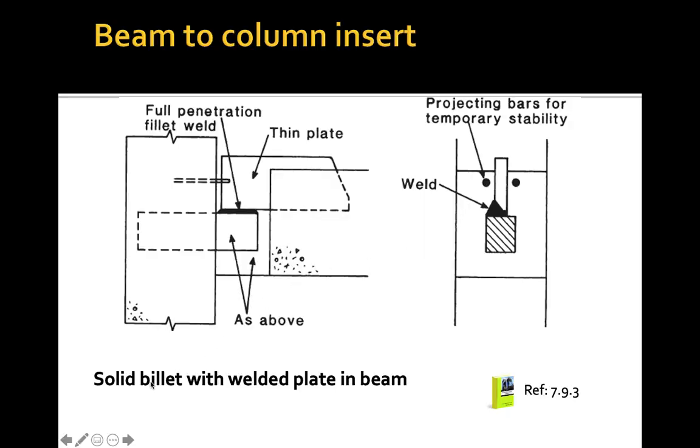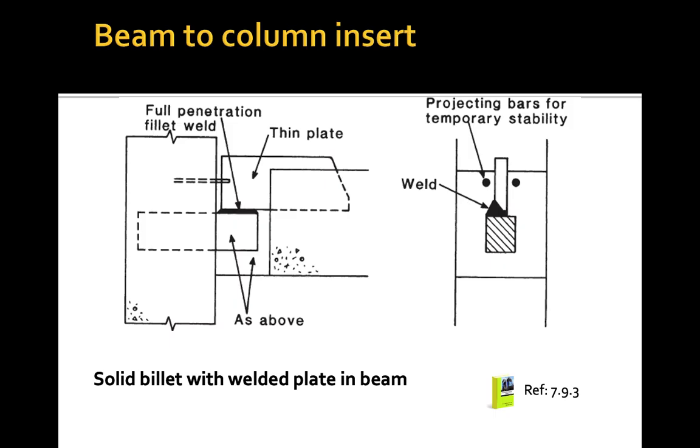Then the next one is solid bellay with welded plate in beam. As for the welded plate in beam, we also have another thin plate that is connected to the beam. So this is the thin plate, and this is the solid bellay. This is embedded inside the column, and we are going to attach this by full penetration fillet weld.